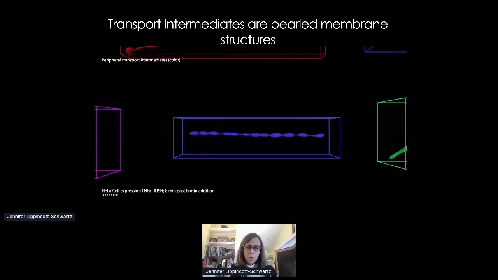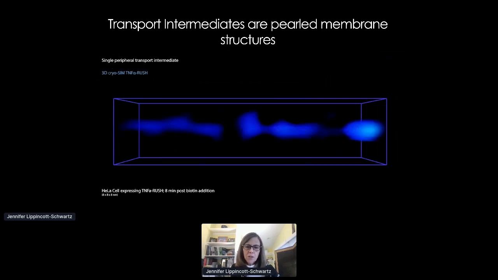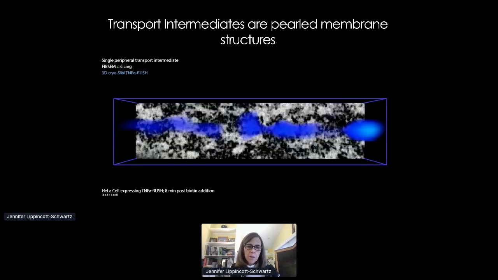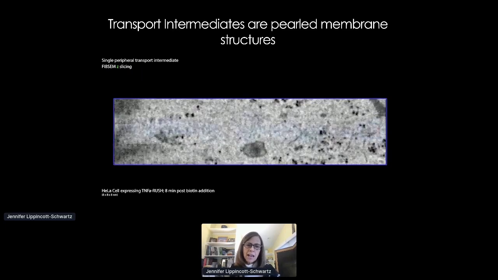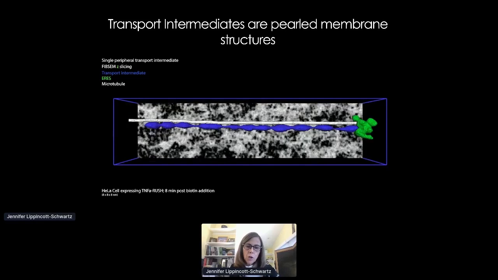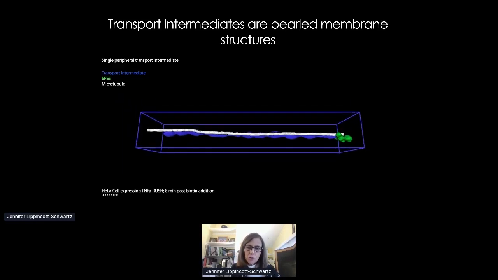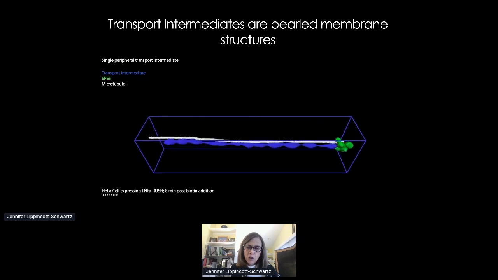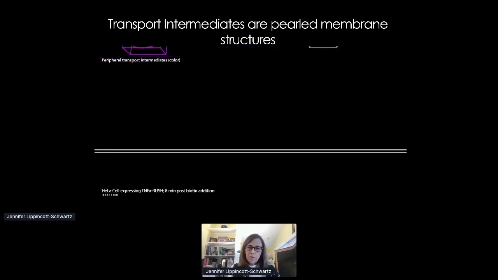If you just zoom in on one of these little intermediates, you can see the SIM image of the cargo and see how nicely it superimposes on the actual EM structure. Now, interestingly, the structure itself has a pearled morphology. It's aligned along microtubules, and you can see it comes off the ER exit site.